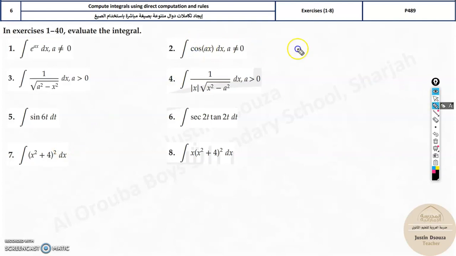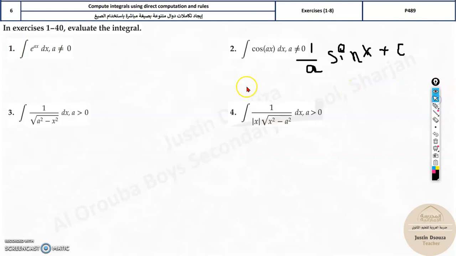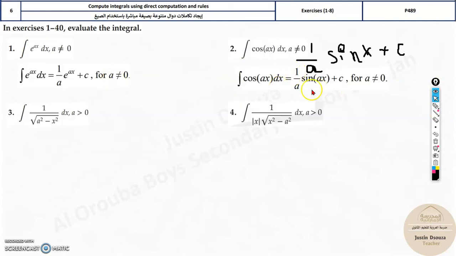If you're doing cos, all you need to remember is the cos formula. This is the shortcut. Cos integrates to sine, so it'll be sine x plus c. But don't forget, you need to have this constant 1 by a out. You can do the u substitution and check the answers as well. Now here you can see the answer.